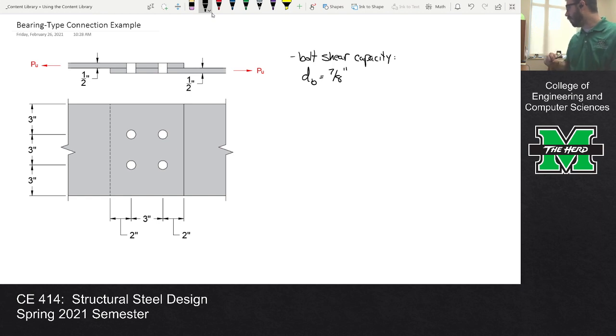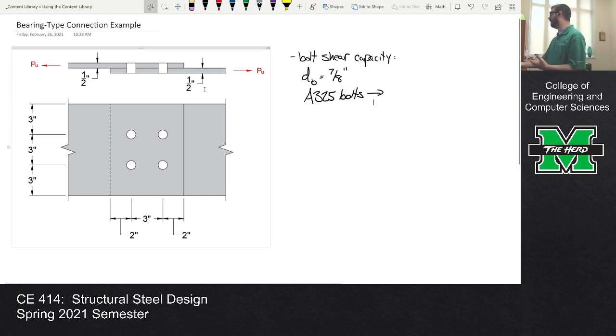Now, let's pop quiz everybody, see if everybody's paying attention. So we have A325 bolts. Capacity, what does that mean? What do we need to know if they're A325? Group A. Nice.